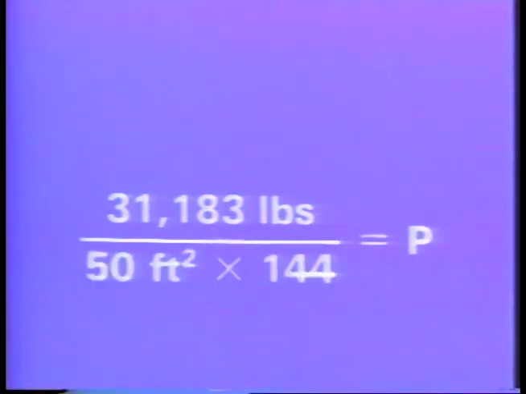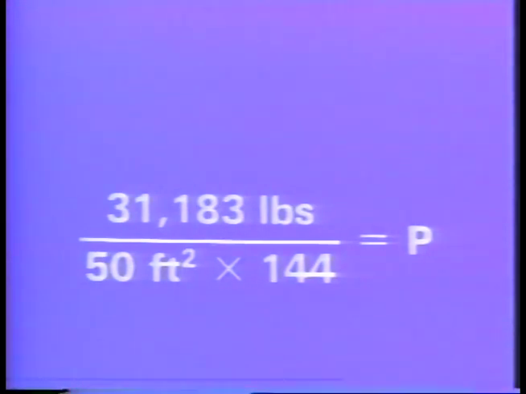But if we consider the pressure being exerted by the water, we must find the force that is pushing down on each square inch of the bottom of the tank. You may remember that pressure can be found by dividing force by area. So, to find the pressure on the bottom of the tank, we would divide the force, 31,183 pounds, by the area, 50 square feet.